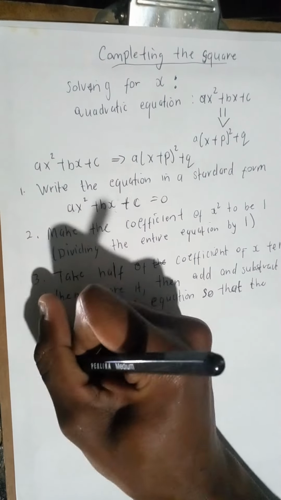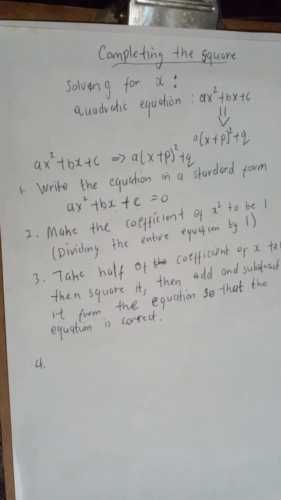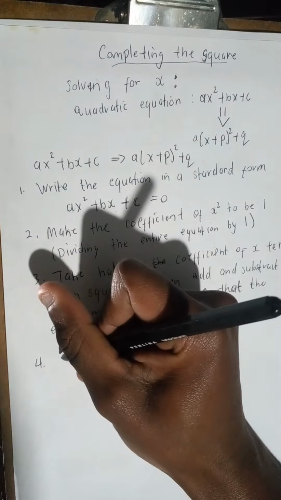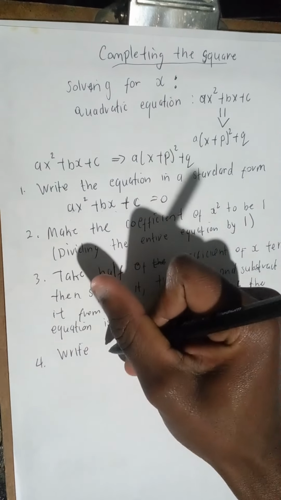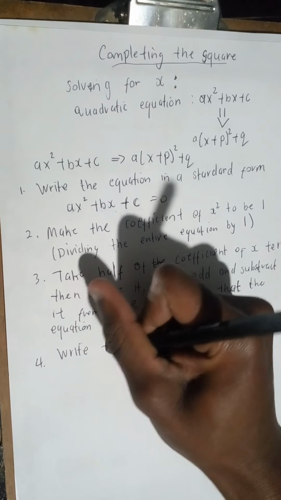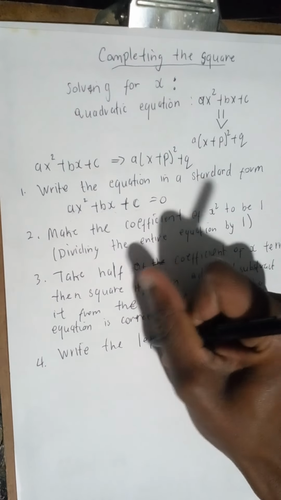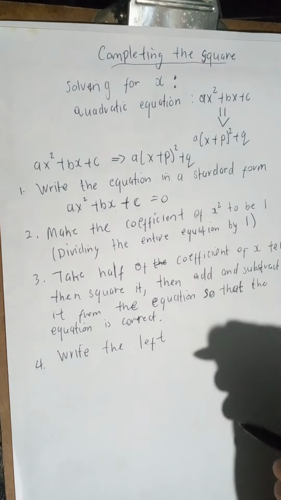So the reason for adding and subtracting is that we don't want to change the correctness of the equation. And the fourth step says that now you work out the left hand side, because all along, guys, we have been dealing with the left hand side.